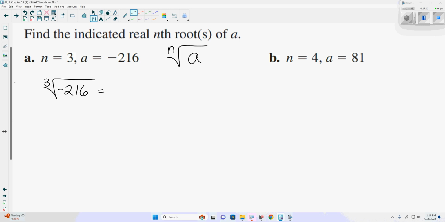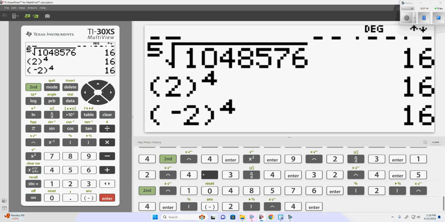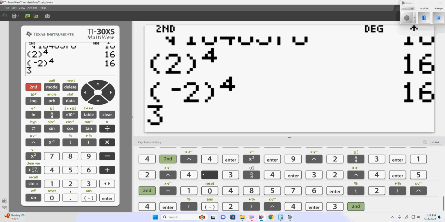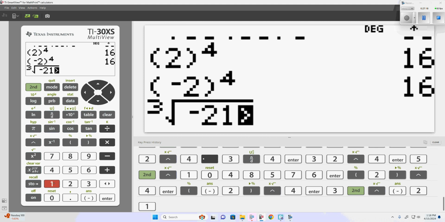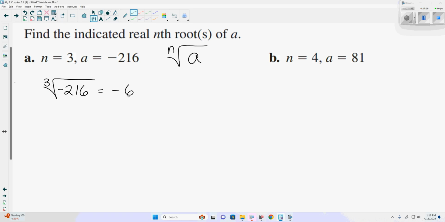Since the index, our root, is odd, we can have one real root. That's all we can have. And the nice thing with these, we can take the cube root of negative 216, which is negative 6, and that's it.